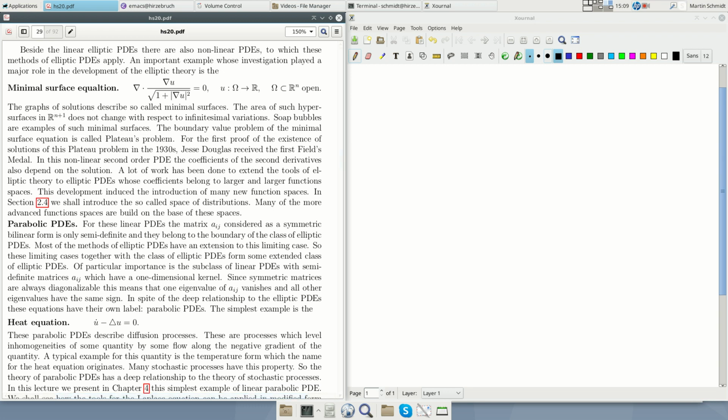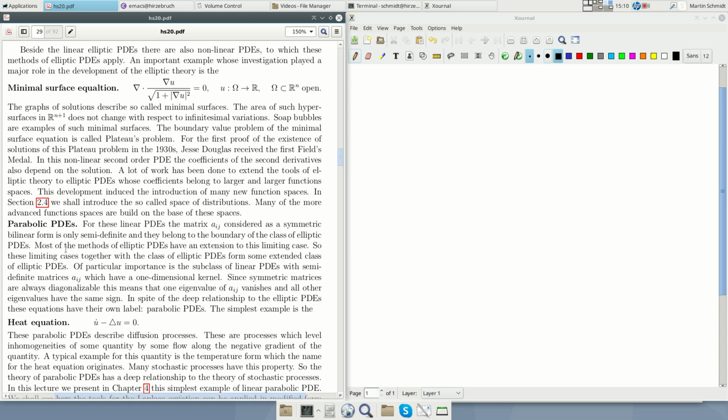They are quite similar, and the simplest example is just the heat equation. We will generalize the method which we developed for the Laplace equation also to the heat equation. They have to be modified, but you will see that they are really similar.